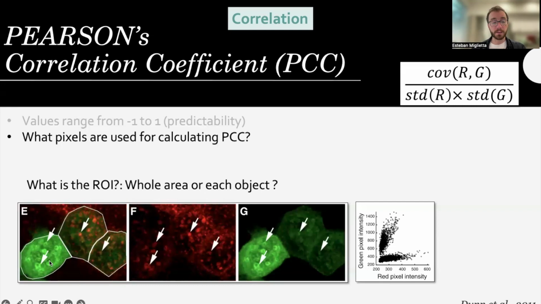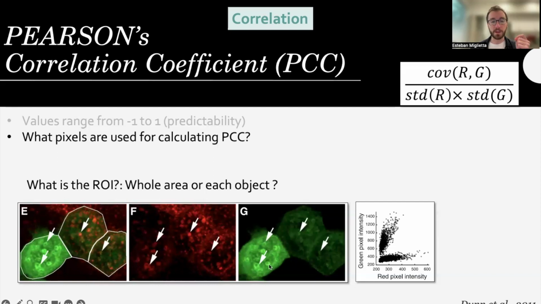In this case, it's very interesting to see these two signals, red and green, are correlated to one another. You can see that wherever we have red signal, we have green signal, but the stoichiometry of red to green is different.